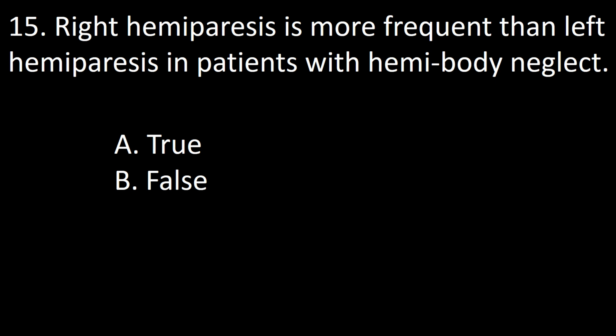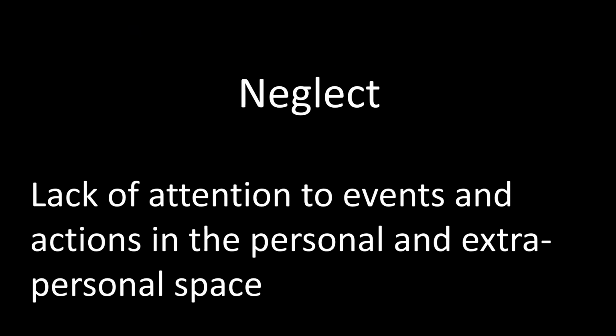A true, B false. Neglect can be defined as a lack of attention to events and actions in the personal and extrapersonal space. Hence, it can be considered a spatial planning disorder.